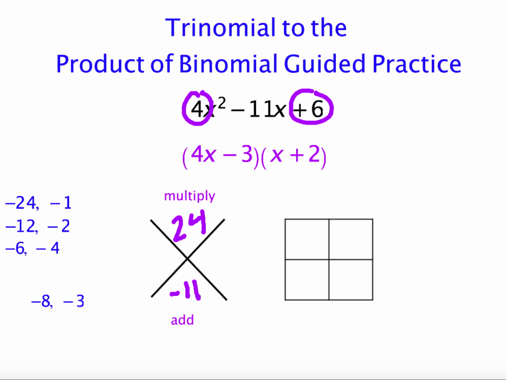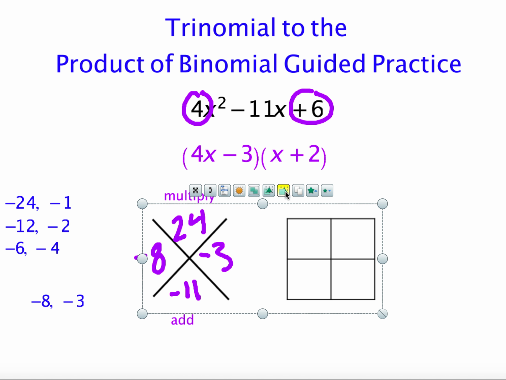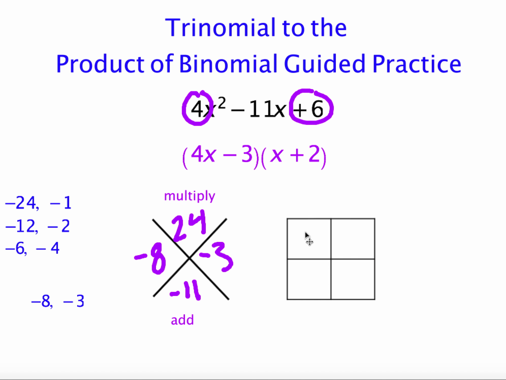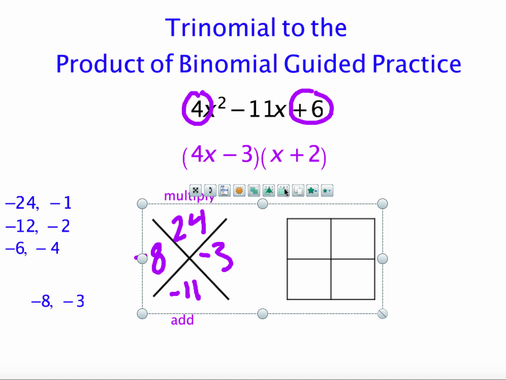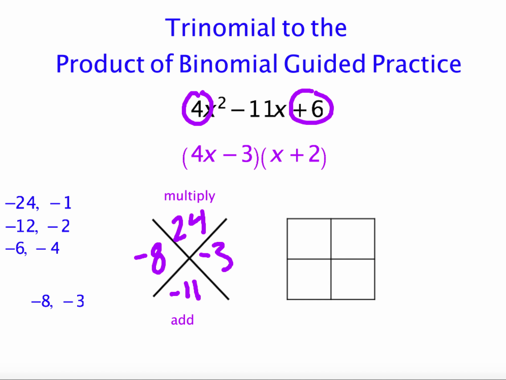Okay, so negative 8 and negative 3, those add to negative 11 and multiply to 24. So I'm going to go ahead and fill in my box. See if that works. Okay. Just a second. All right, so I'm just going to write it.